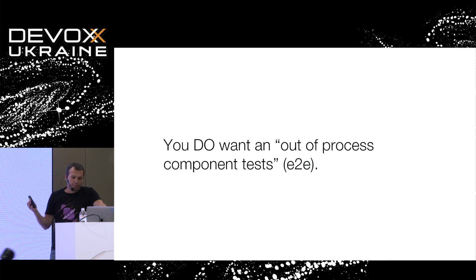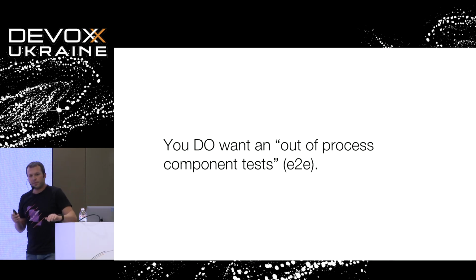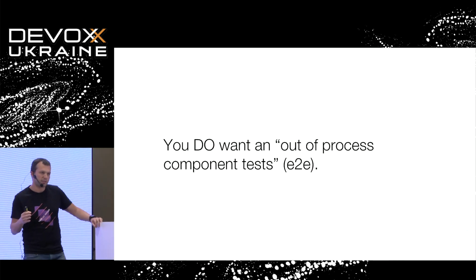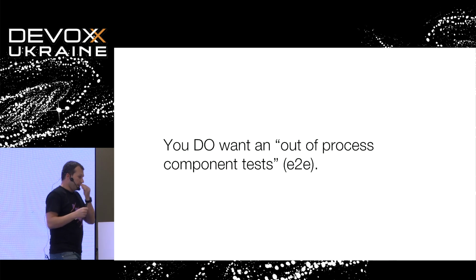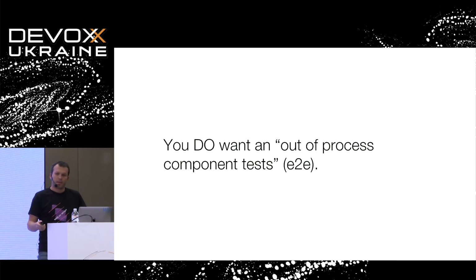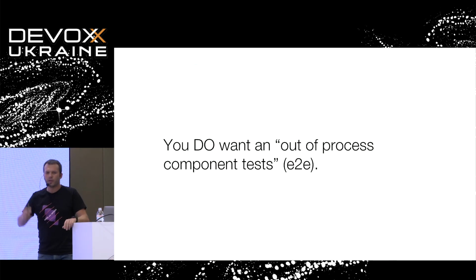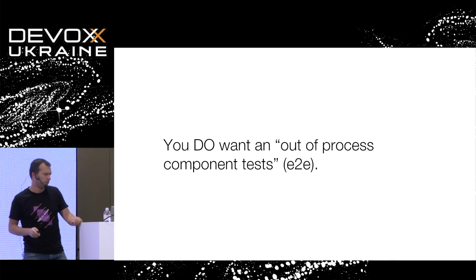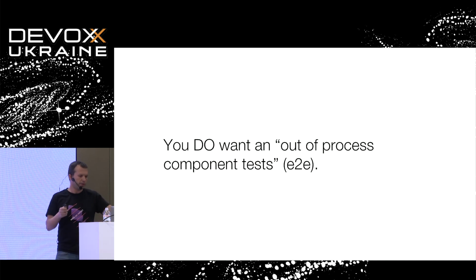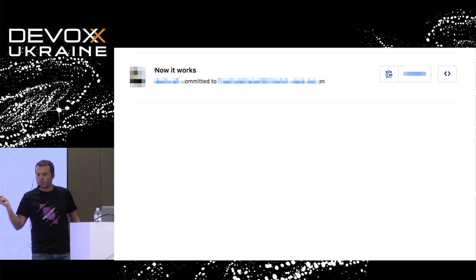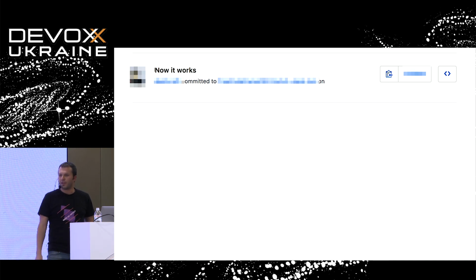And you want it because you want to avoid these embarrassing moments when you're doing just a small change, a tiny change, and you're sure everything is okay, and you deploy it, and boom, it doesn't work. And you look at the code and say, oh, okay, I know, I missed a comma here or something. It's a typo. I'll fix it. And you put this comment in your commit, right?